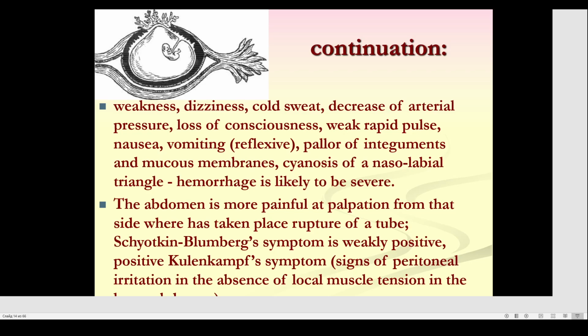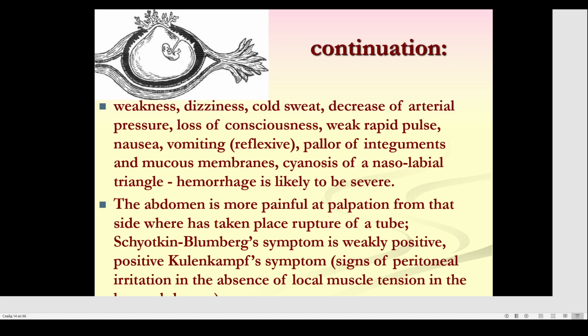But in case of rupture of the fallopian tube, internal bleeding is present, and of course additional general signs: weakness, dizziness, cold sweat, decrease of arterial pressure, loss of consciousness, weak rapid pulse, nausea, vomiting, pallor of integuments and mucous membranes, and cyanosis of the nasolabial triangle.